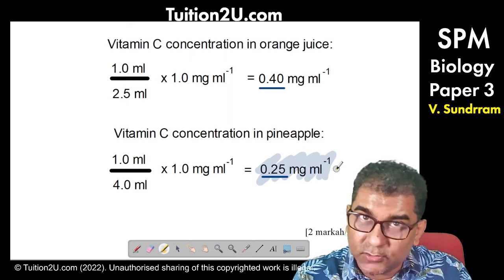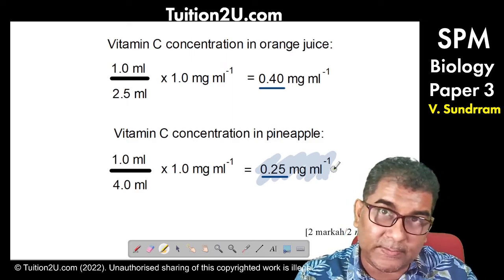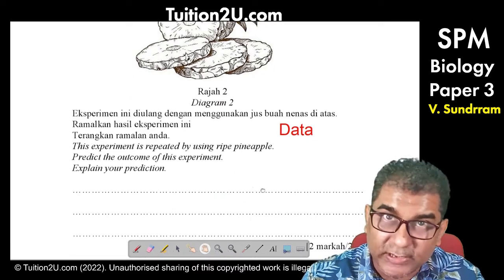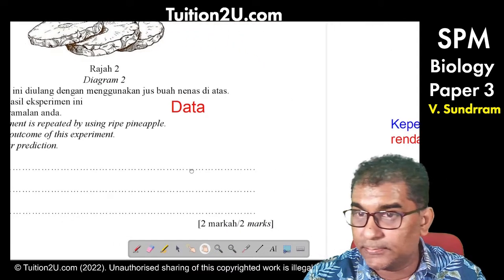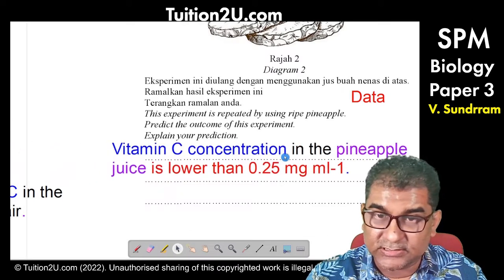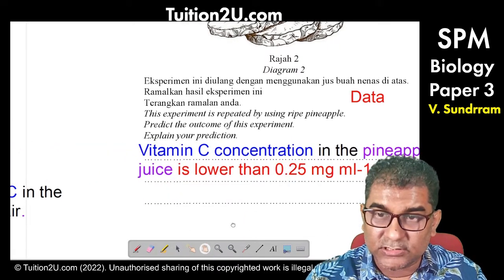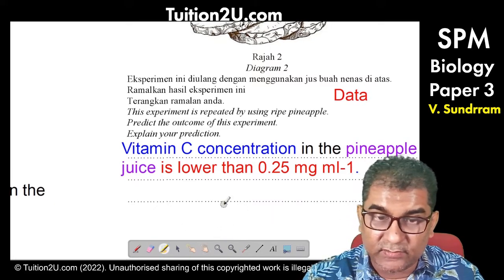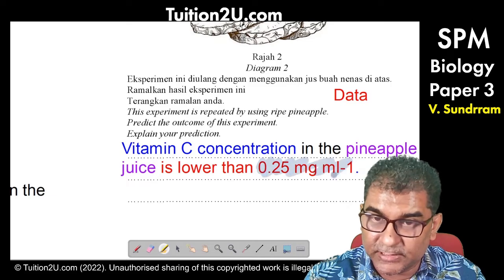That is what we mean by using the data from the experiment. Instead of just telling they have lower concentration of vitamin C, I'm going to use the data and write this answer: vitamin C concentration in the pineapple juice is lower than 0.25. This is the data from the experiment.